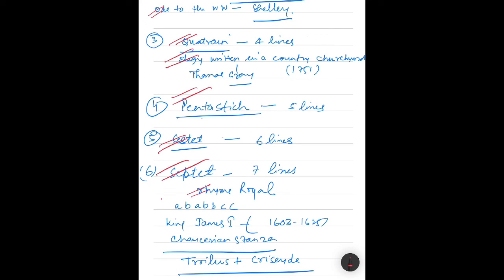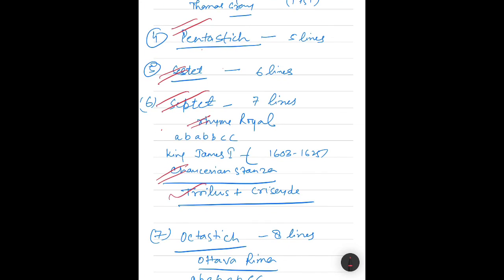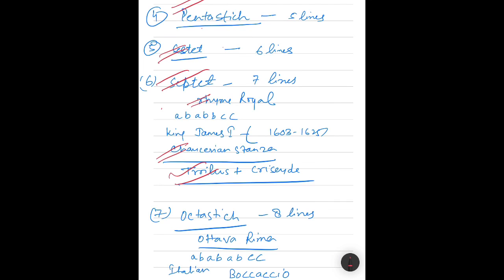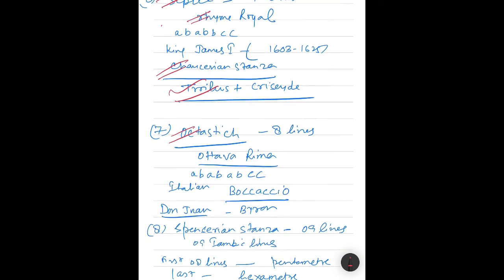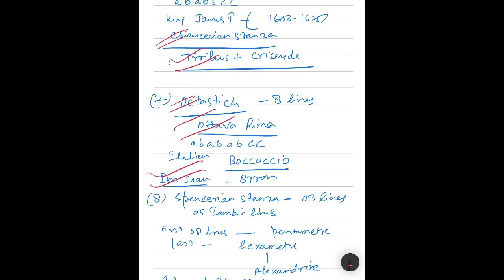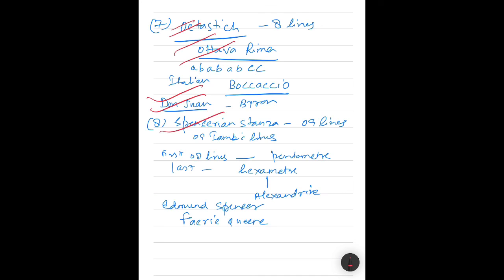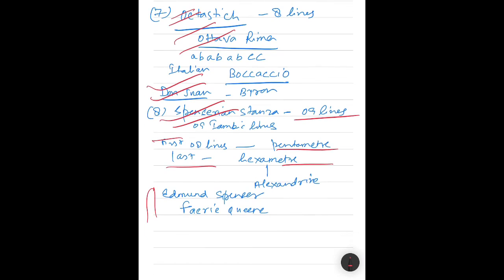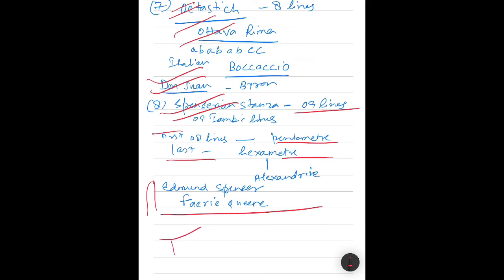We have the example of the rhyme royal, and Chaucer used this pattern of rhyme royal in his poem Troilus and Cressida. And then Octostitch is a stanza of 8 lines. It's Ottava Rima actually, and Byron used it in his Don Juan. And the last is a Spenserian stanza, 9 lines. First 8 lines are pentameter, last is hexameter, and Edmund Spenser used it in his Fairy Queen. Thank you very much.